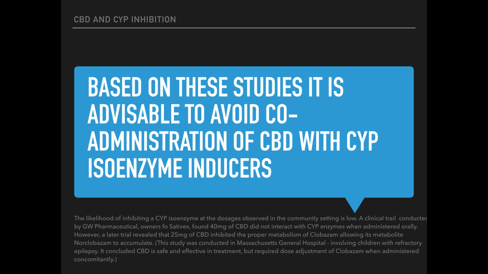But a later trial found that 25 milligrams of CBD inhibited the proper metabolism of frisium, allowing its metabolite norclobazam to accumulate in the blood serum. Now, this study was conducted in Massachusetts General Hospital. The only problem with it is that it involved children with refractory epilepsy, and the study group was very, very small. Now, it did conclude that CBD was very safe and very effective in the treatment.